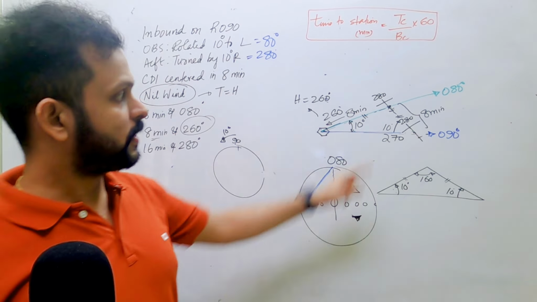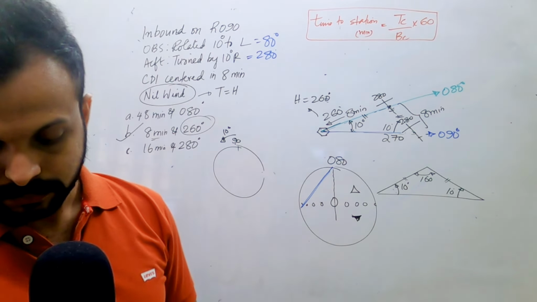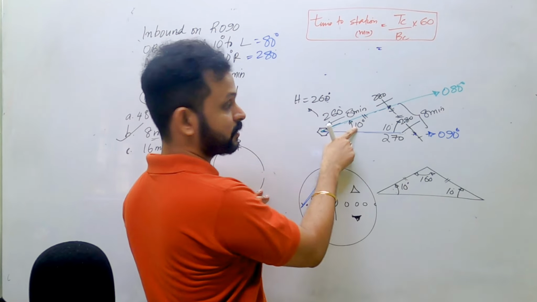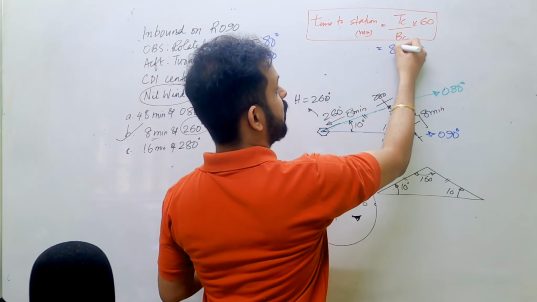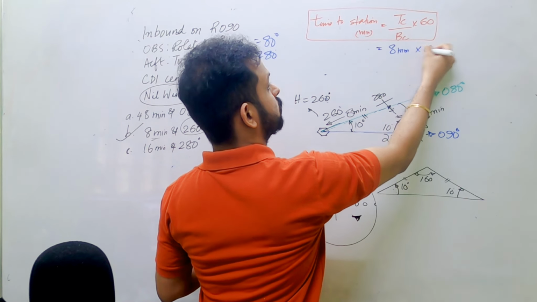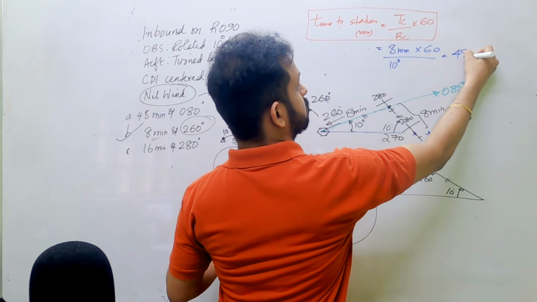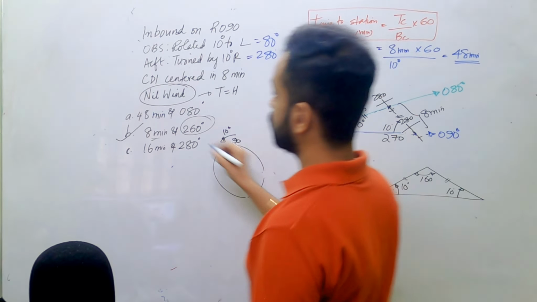So here you're asked to find time to station. What is the time change here? 8 minutes. The time change from here to here is 8 minutes, corresponding to a bearing change of 10 degrees. So it's 8 minutes into 60 divided by 10 degrees. What is the answer? 48 minutes.